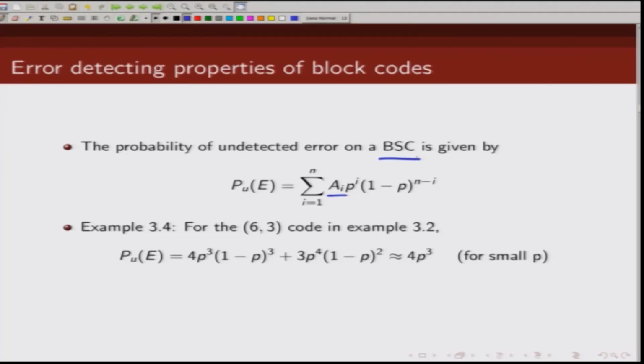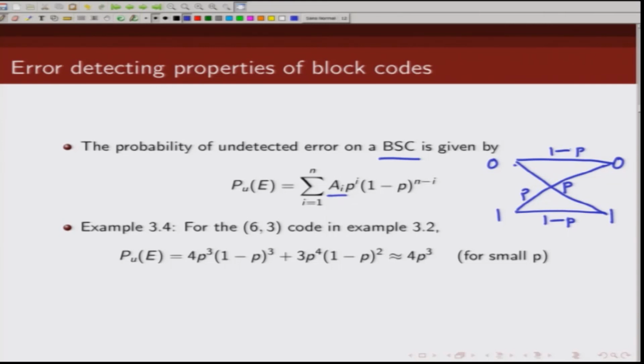Now, recall what happens in binary symmetric channel: 2 inputs 0 and 1, 2 outputs 0 and 1, and what is the crossover probability? That is basically given by p. So, with probability p, 0 can get flipped to 1, 1 can get flipped to 0, and the probability of correct detection is 1 minus p.